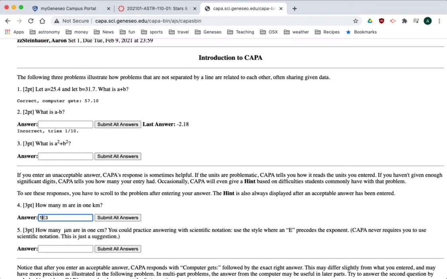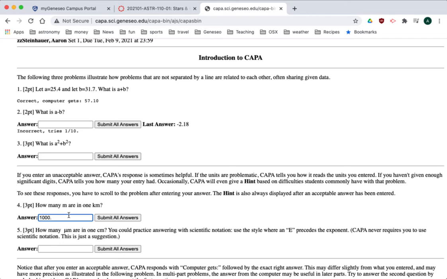So 1, I'm going to need to put some significant figures here. The E means times 10 to the. So 1 times 10 to the 3 is actually 1,000. So this should be the right answer. I could put in 1,000, that would be right, although I'm going to have to put a decimal point to make these zeros significant.